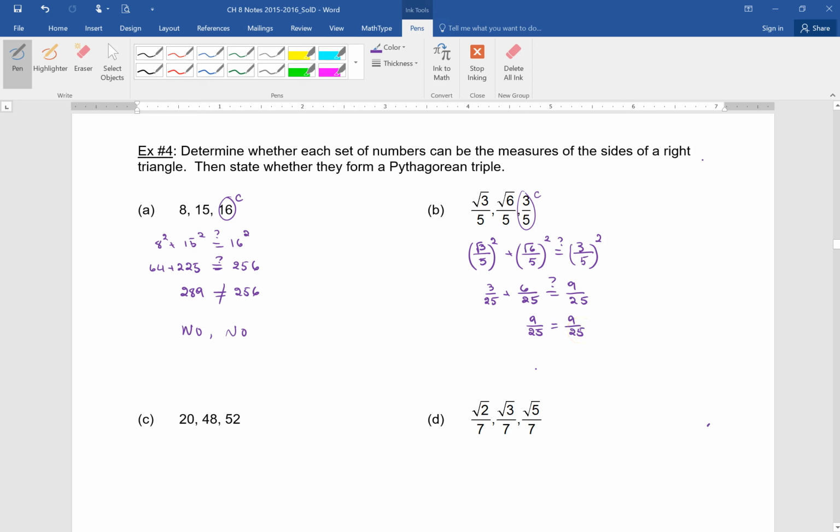So is this a right triangle? Yes. Are they Pythagorean triples? No, because they're not whole numbers to begin with. The three numbers that we started with must have been whole numbers in order for them to be Pythagorean triples. So no, not a Pythagorean triple.